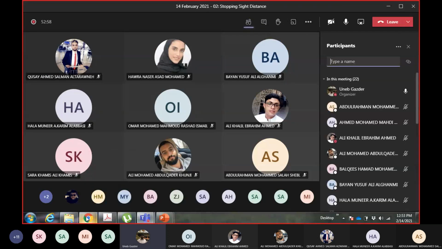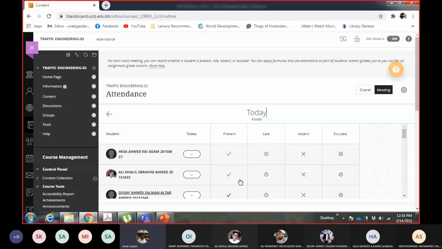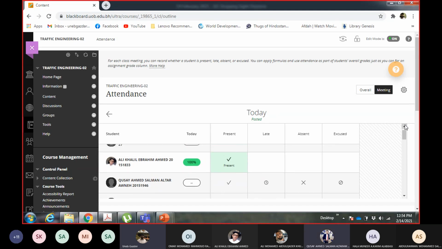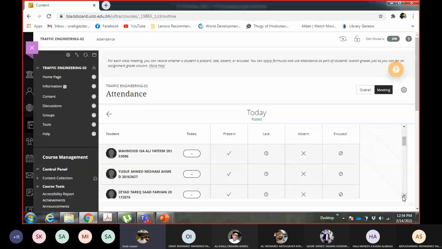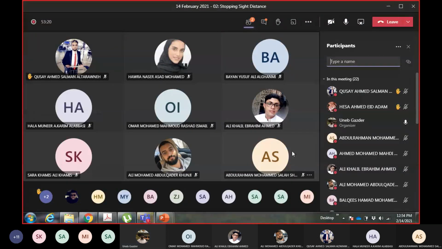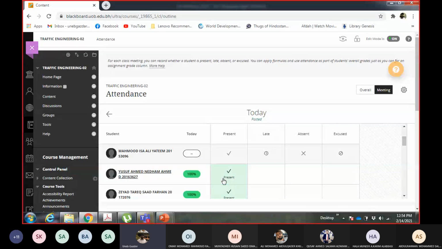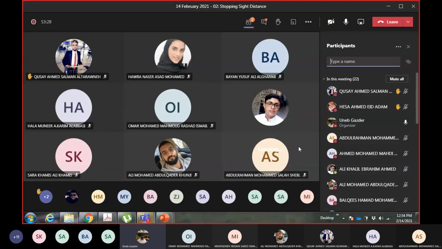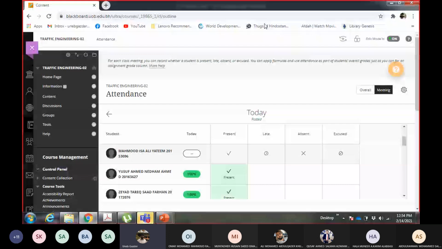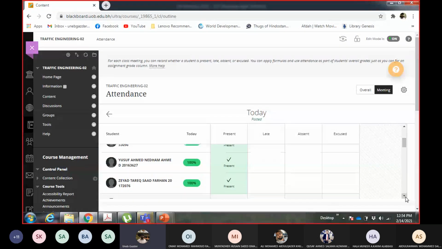Okay, when you see or hear your name, raise your hand. Hissa Ahmad, Ali Khalil, Qusay Ahmad. Both of you are here. Mahmoud Isa, Yusuf Ahmad, Ziad. Your name appears in both sections.